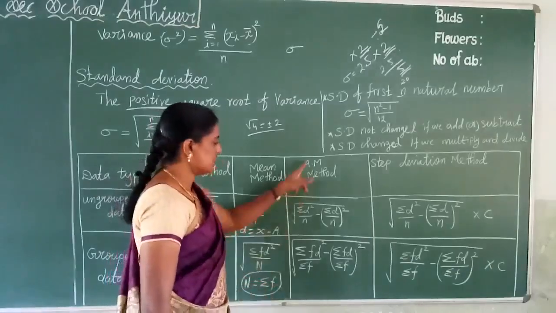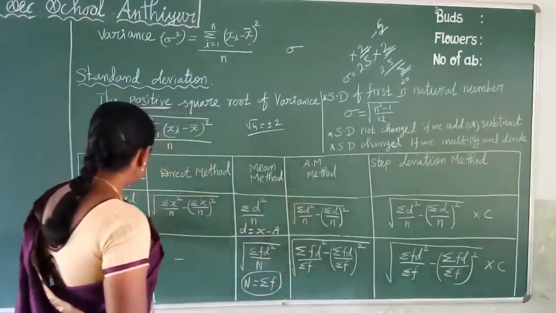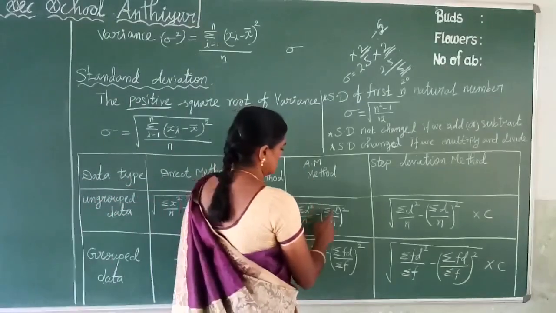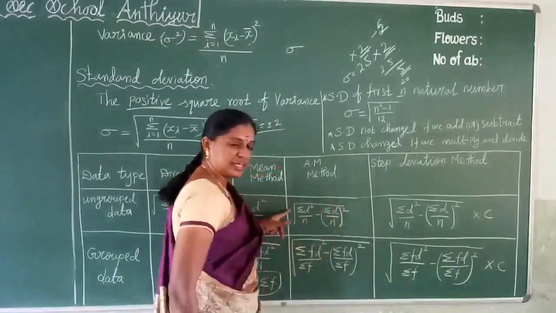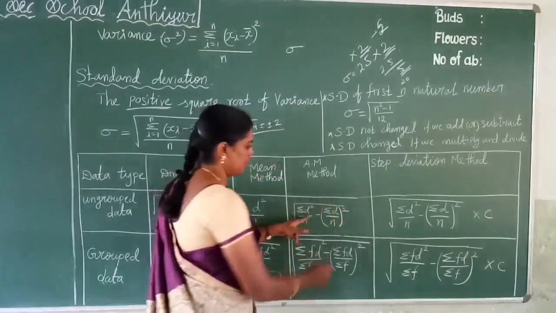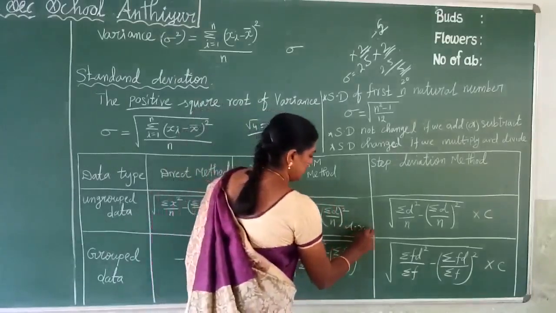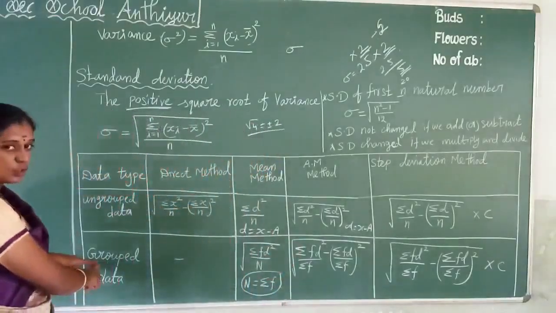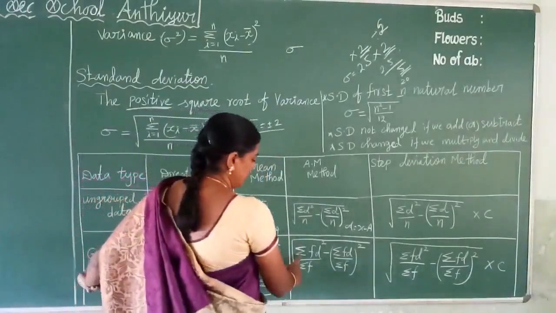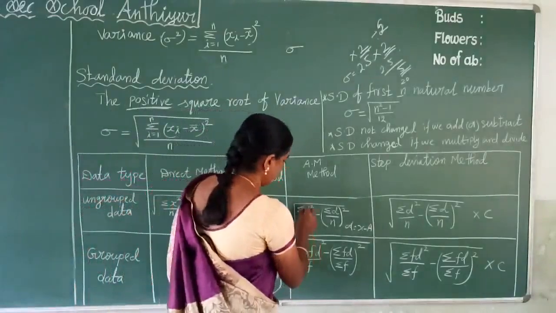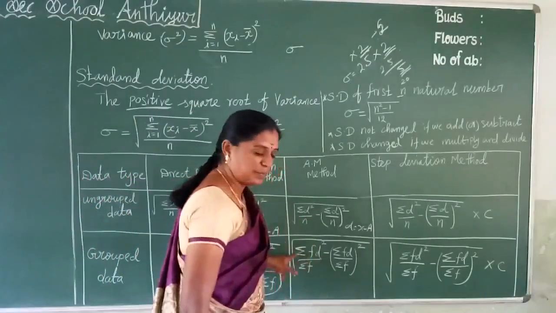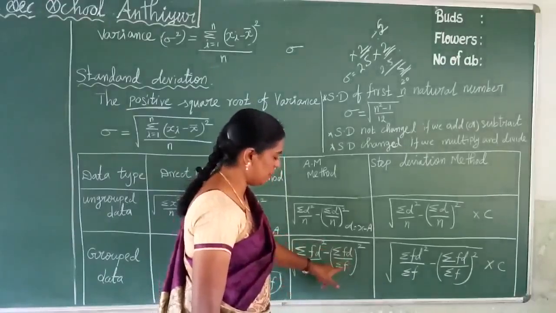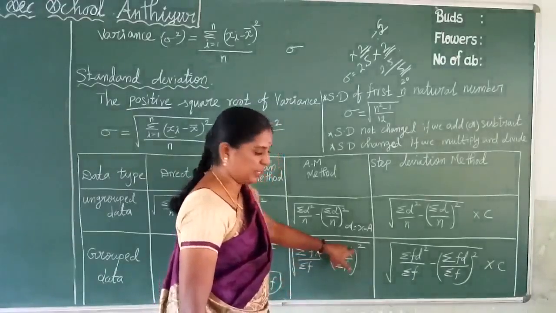Clear? Next, the assumed mean method. For ungrouped data it is root of summation d square by n minus summation d by n, whole square. Here d is x minus a. d is equal to x minus a. And for grouped data, here it is summation f d square by summation f minus summation f d by summation f, whole square.